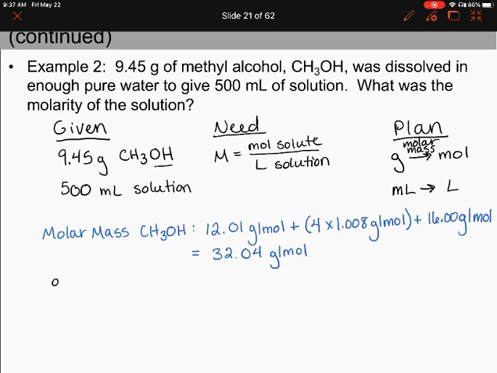Let's do that really quickly. So we've got 9.45 grams of methyl alcohol. And we're going to use the molar mass to convert from grams to moles. So since we do want to end up with moles, we'll put 1 mole in the numerator. And then we'll put the mass in the denominator. Grams will cancel.